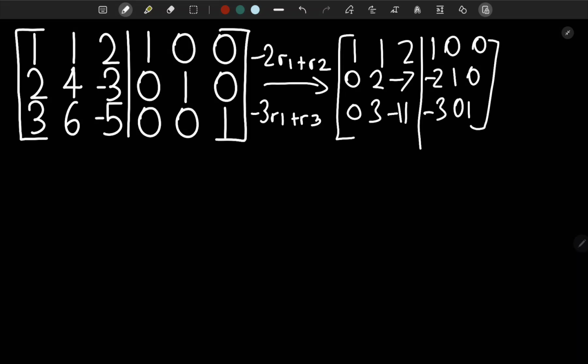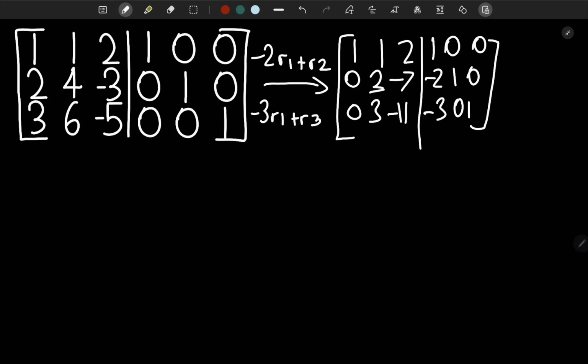Okay, so we are done with the first pivot here. Now moving on to the next pivot, it has to be down and to the right. So next it has to be the next row, it cannot be the same row of course, and it has to be 1 here.